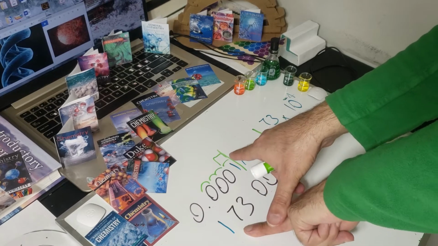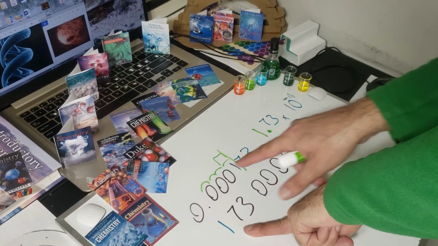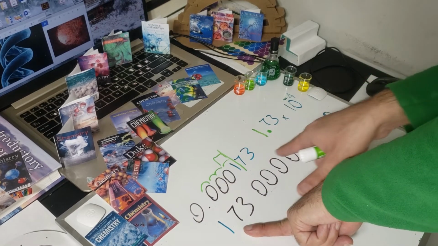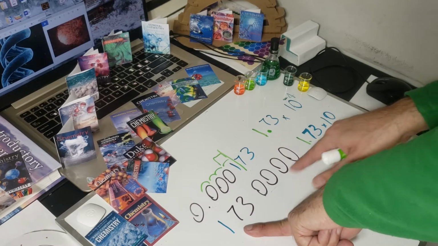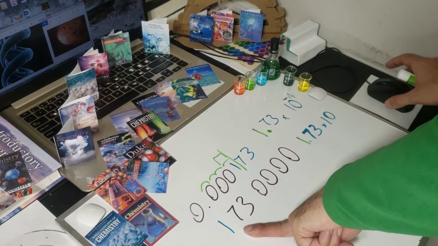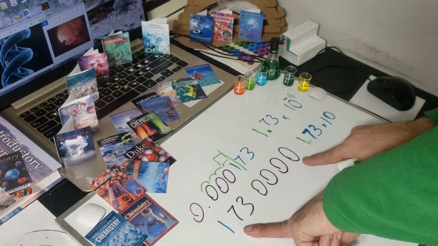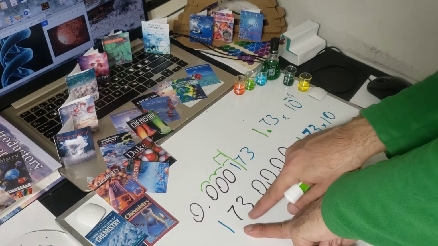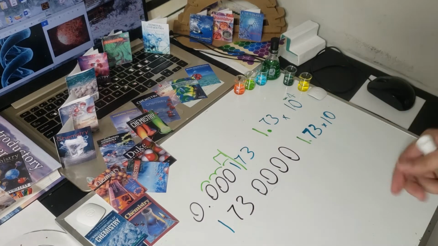On the small number, I count to the decimal point. On the big number, I count from the decimal point all the way to my number. So that's how I do it: 1, 2, 3, 4, 5, 6. So it's to the power of 6. This is how you go from a numerical notation to a scientific notation.